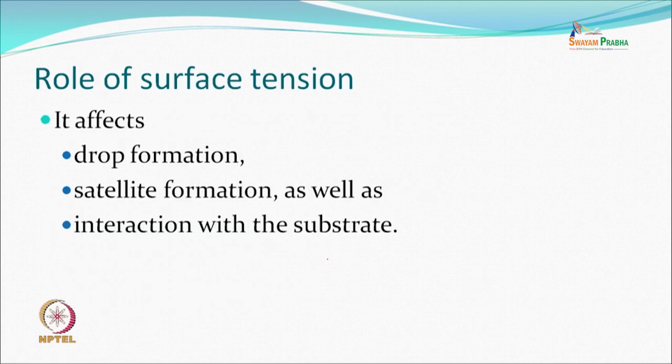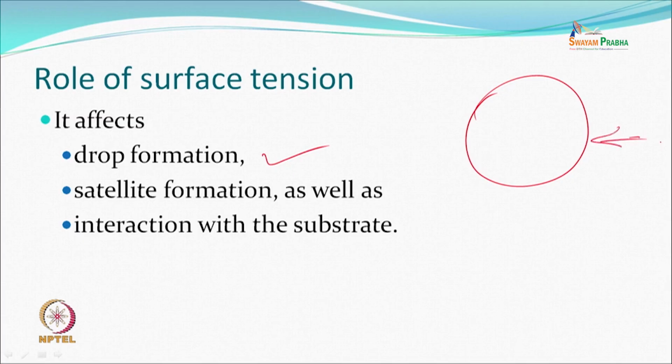So then the other property is surface tension. You can understand very easily that surface tension affects drop formation. You can appreciate why a drop is formed. It is formed because of the surface energy, which becomes the least when it is spherical.